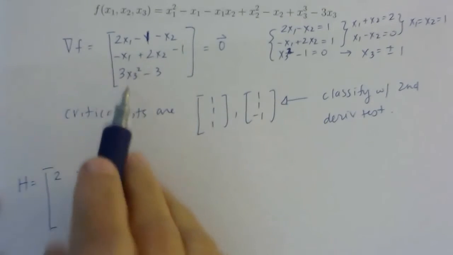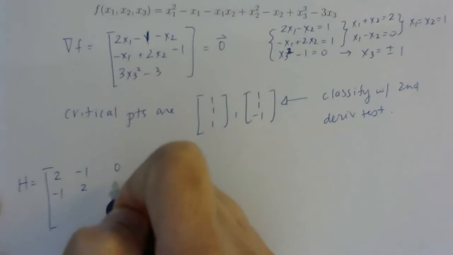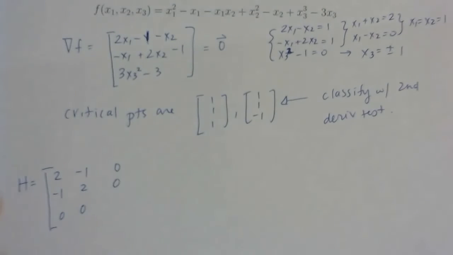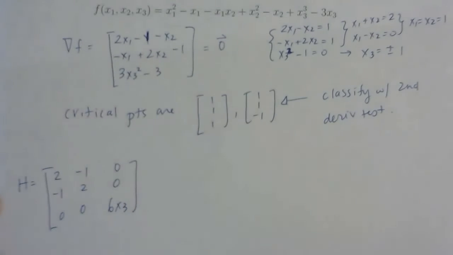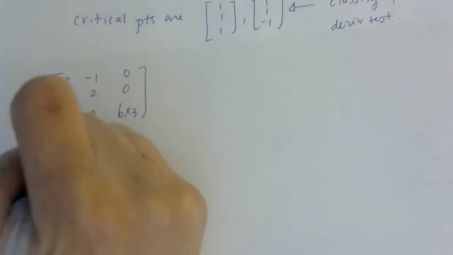The derivative of this guy with respect to x1 is -1, so symmetric, good. With respect to x2, it's 2. With respect to x3 is 0. And there's no x1 or x2 in the third equation, but there is an x3. The derivative of that is 6x3. Okay, so now we have two cases.